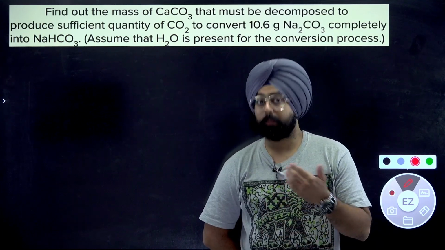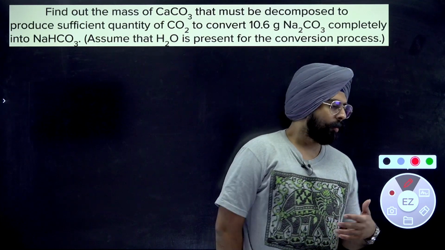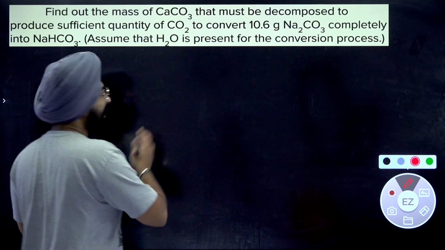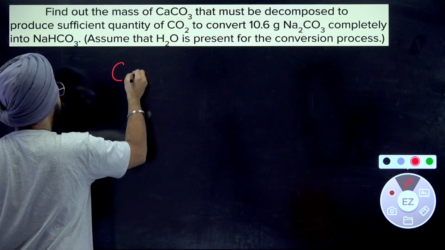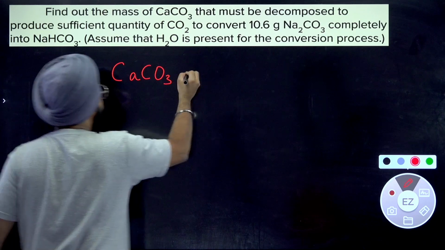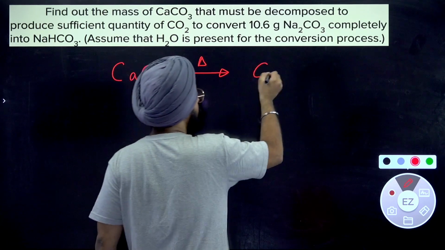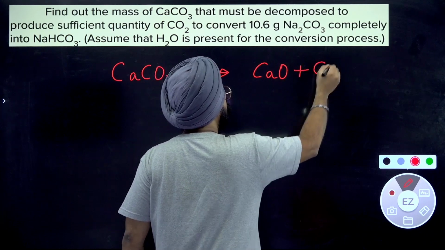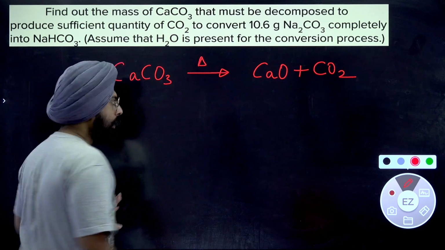Again, if you know principle of atomic conservation, this becomes simple. You don't need to write any chemical equations. But if you want to write chemical equations, let's try to do it in that manner. What happens is that CaCO3, calcium carbonate, decomposes in the presence of heat to produce CaO and CO2. Do you see that this reaction is already balanced?